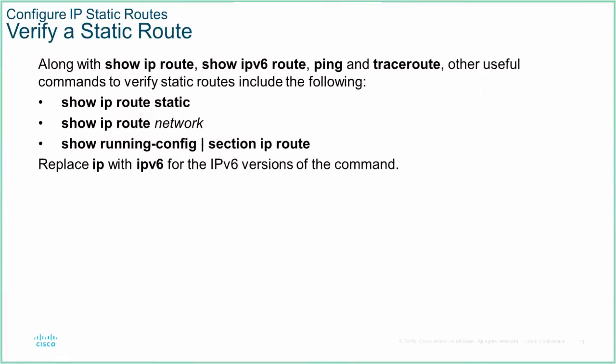You can then define the output by showing only the static routes or the specific network that you want to see. You could use the show running config and then qualify the output with the section IP route, which will list all the IP route commands together. You then can use your ping and trace route commands to prove connectivity after that.